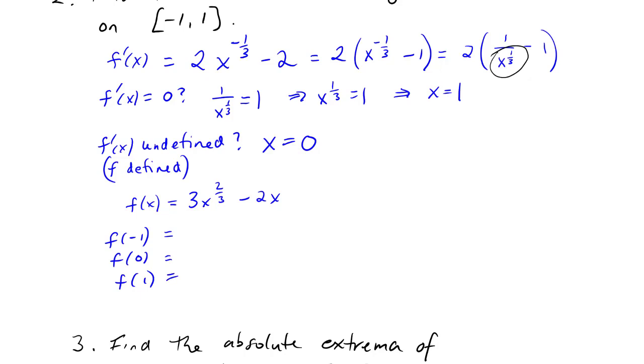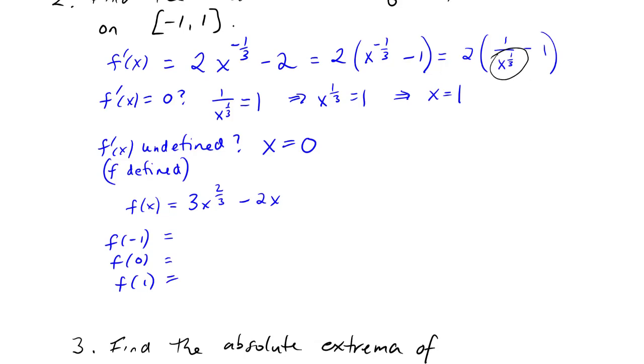Okay, so what do we get? All right, at -1, I get 3 times -1 to the 2/3, which is 1, minus 2 times -1, so I actually get 5. At 0, I get 0 minus 0, I get 0. And at 1, I get 3 times 1 minus 2 times 1.